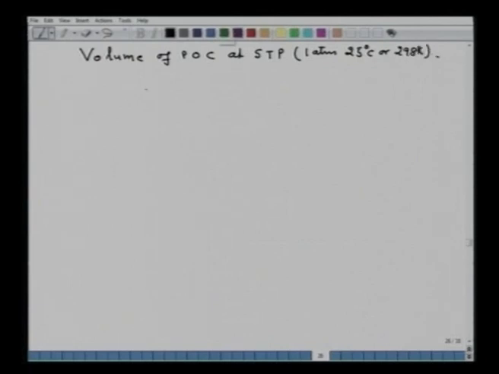So, the volume of POC here will be 2.53 into 298 upon 273, which is 2.765 meter cube. This volume is at 1 atm and 298 Kelvin.